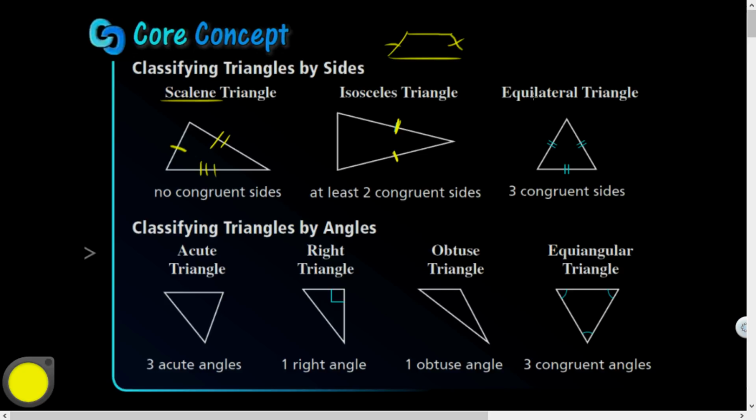We're learning already. You can name triangles by sides, and you can also categorize them based on their angles. If all of the angles are acute, or less than 90, then it's an acute triangle. If there is one right angle, it's a right triangle. Is it possible to have two right angles in a triangle?